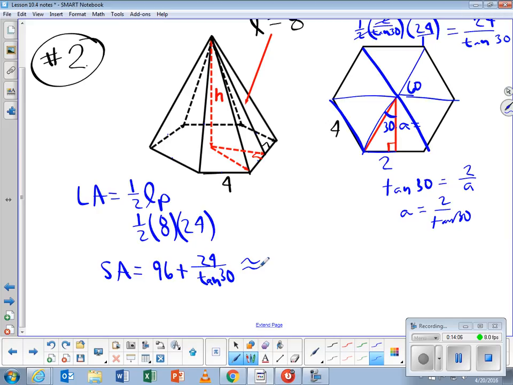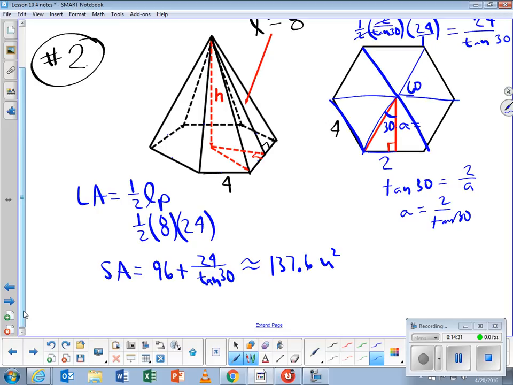Okay? Anybody do that on their calculator so I can write down a number? 137.8, maybe 137.6. And I didn't put a unit, so I'll just say unit squared. Okay, 137.6.